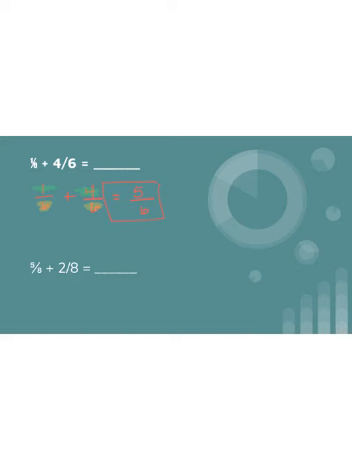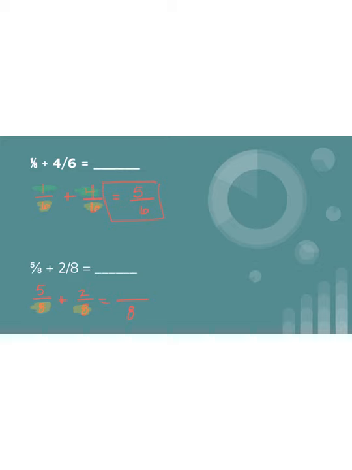Okay, so let's look at our last one on this page. I have 5/8 plus 2/8. So I'm going to rewrite that. 5/8 plus 2/8, and that's going to be equal to something. My first step is always looking: do I have an 8 here and an 8 here? If the answer is yes, then I can go ahead and just write an 8 on the bottom there.